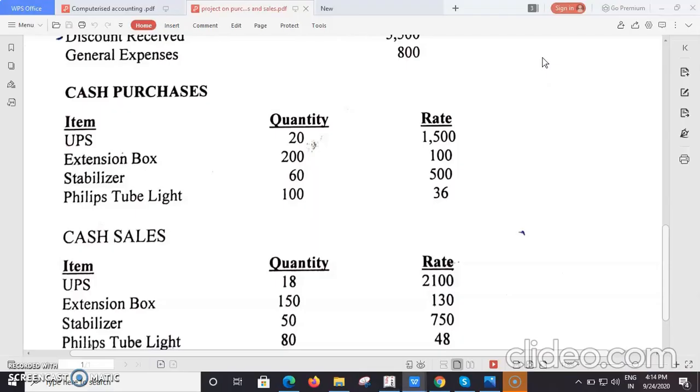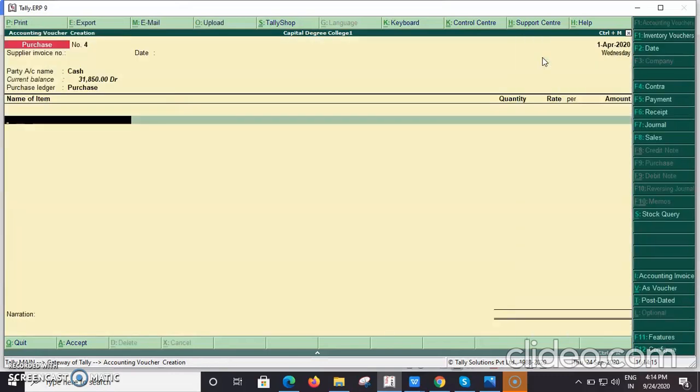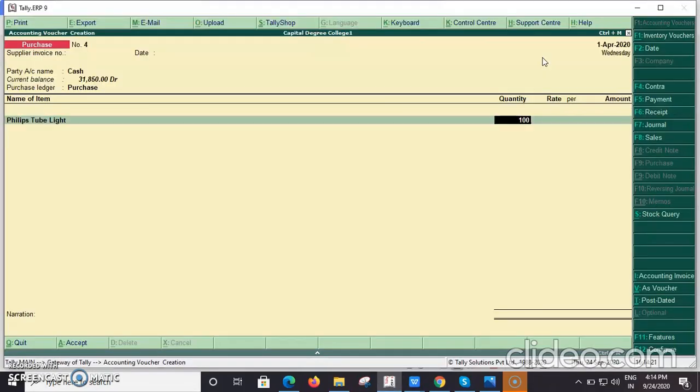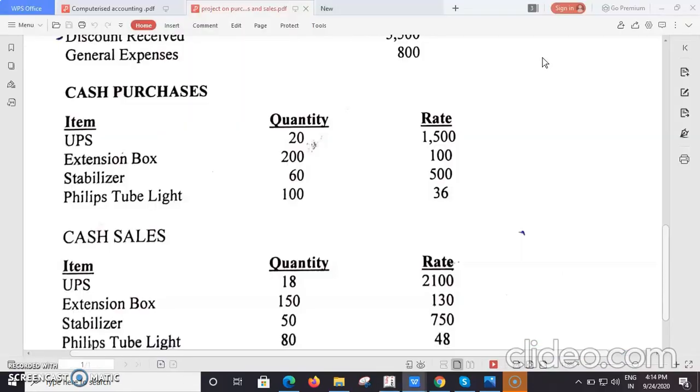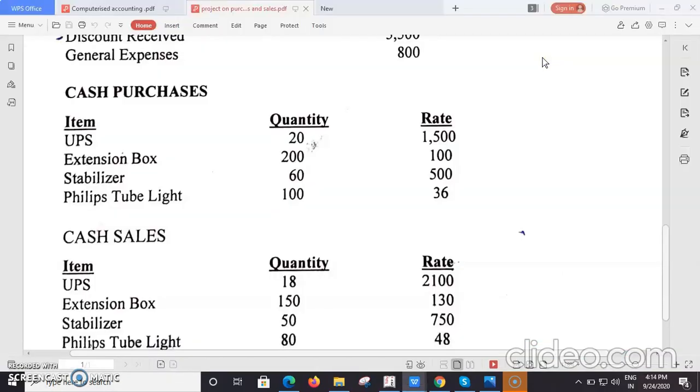Now next, Philips tube light. So quantity 100, 36 rate. So these are completed.